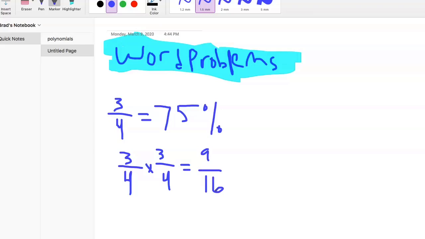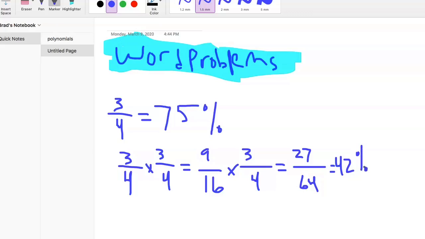So he has a 9 out of 16 chance of throwing 2 strikes in a row, but they asked for 3. So we just keep multiplying the 3/4 chance together. 9 times 3 is 27, 16 times 4 is 64, and that number is about 42%.